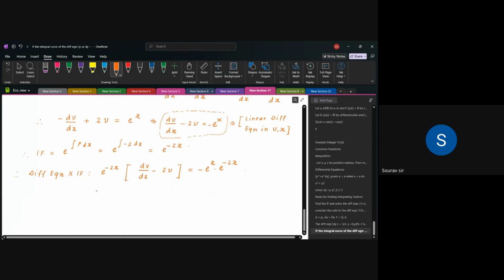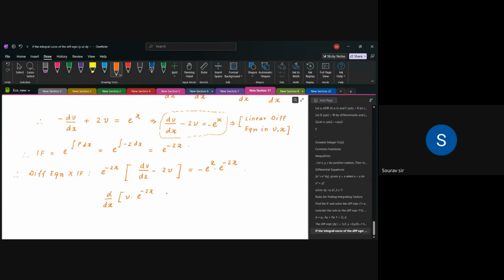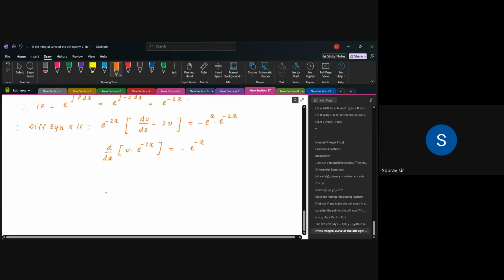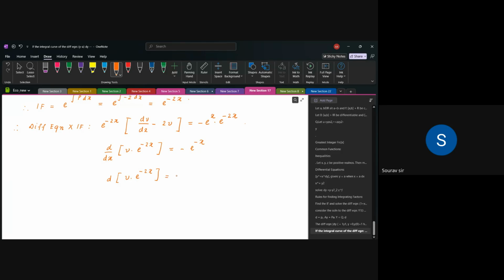So this will become d by dx of v into the integrating factor, and this will be minus of e raised to the power minus x. So d of v into e raised to the power minus 2x is equal to minus of e raised to the power minus x dx. And then you integrate it.